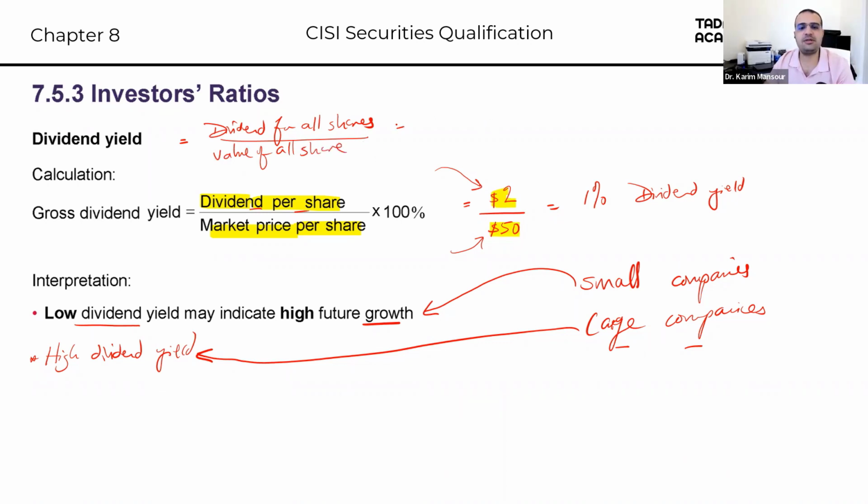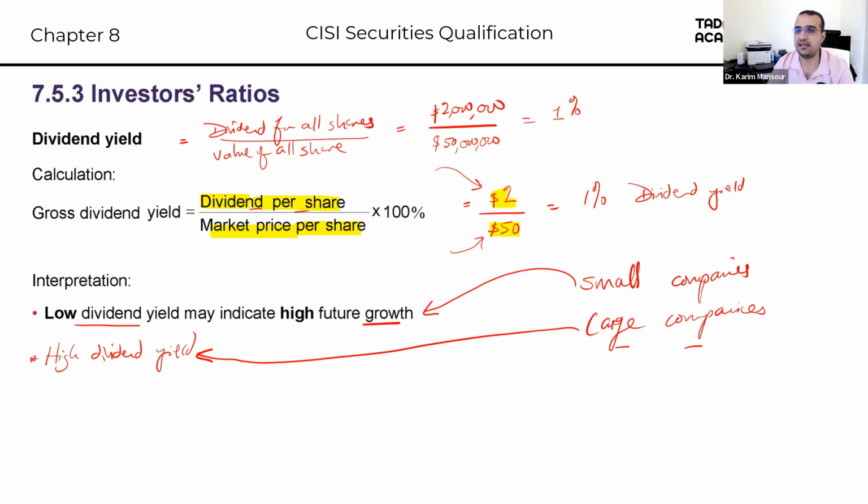So the question might say, the company is distributing $2 million among all shares, and the market capitalization, or the market value of all shares, is $50 million. This will still give you a 1% dividend yield.